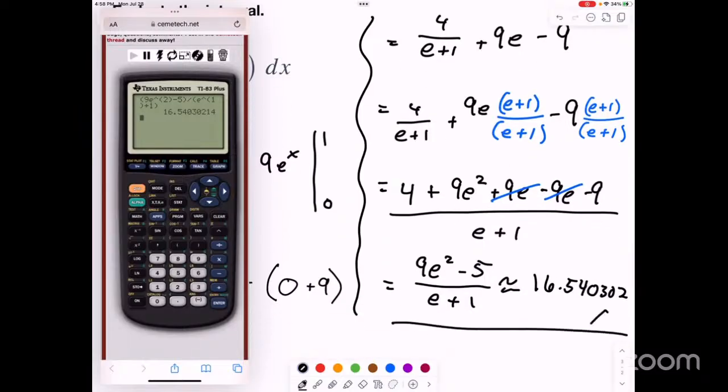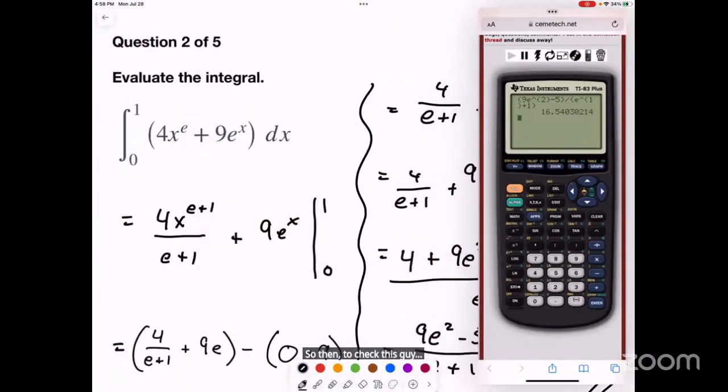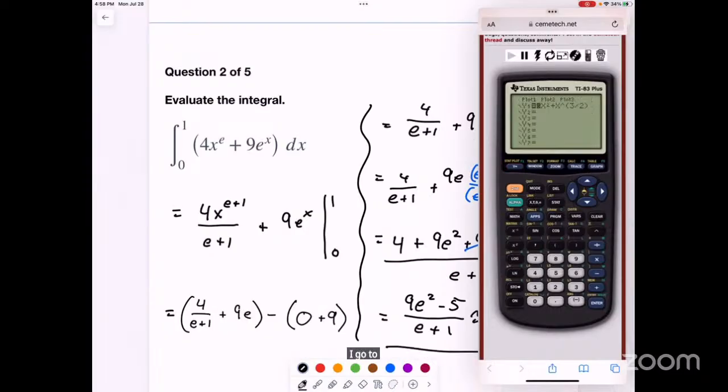Okay, I got this result. So then to check this, I go to my y equals, and let me see, we have this 4x to the power of e plus 9e to the power of x. Okay. Let's see.